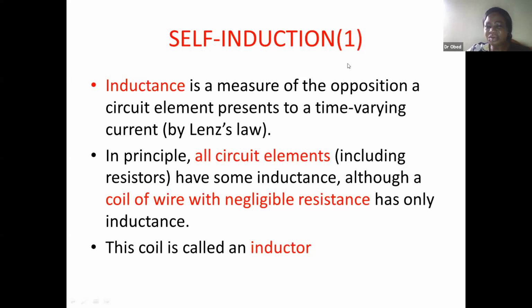In principle, all circuit elements, including resistors, have some inductance. Although a coil of wire with negligible resistance has only inductance. Such a coil of wire with negligible resistance is known as an inductor.